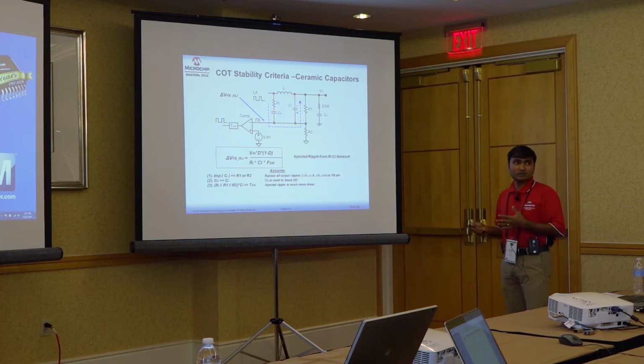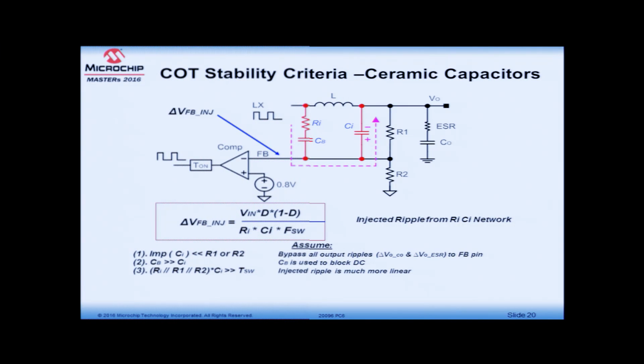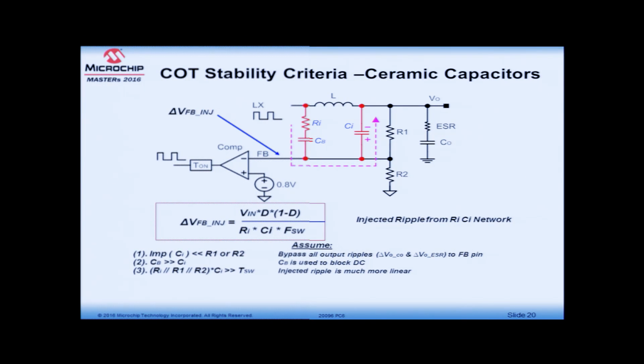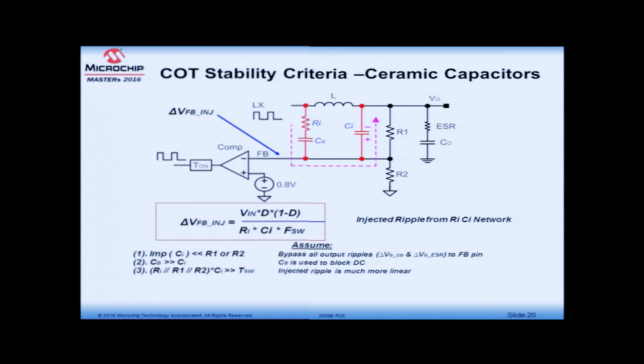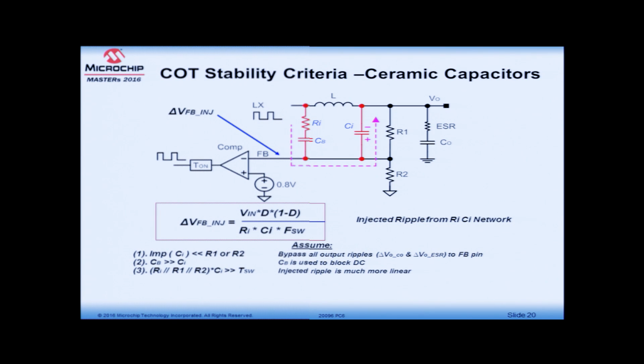There is another type of capacitor we generally use for high performance loads, the ceramic capacitors. In some cases you need to use only ceramic capacitors because of the height profile requirement and also for the output voltage ripple requirements. In that case we need to extract some ripple from somewhere, and one node that is good for extracting the ripple is the switch node.